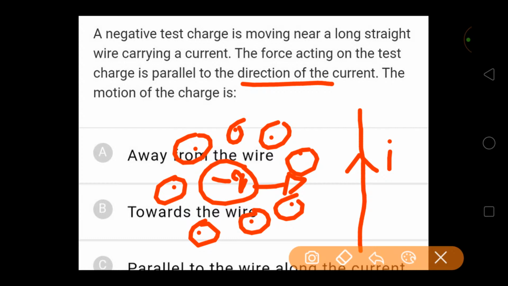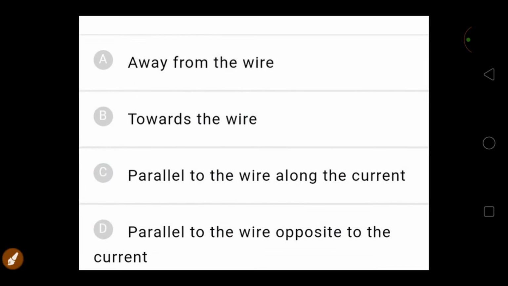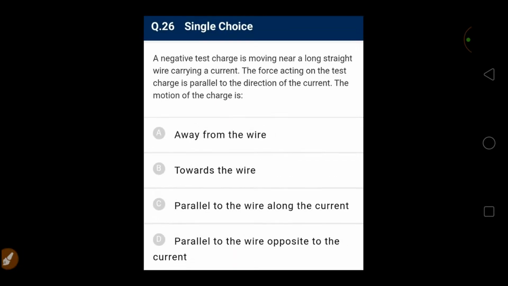We don't know the direction of the middle finger, that we have to find. For a negative charge, in Fleming's left hand rule, the direction should be taken opposite. You have to keep your middle finger in this direction, then only your thumb will point like this, parallel to current I. So if you are thorough with Fleming's left hand rule, you can easily find it, and the option is B.